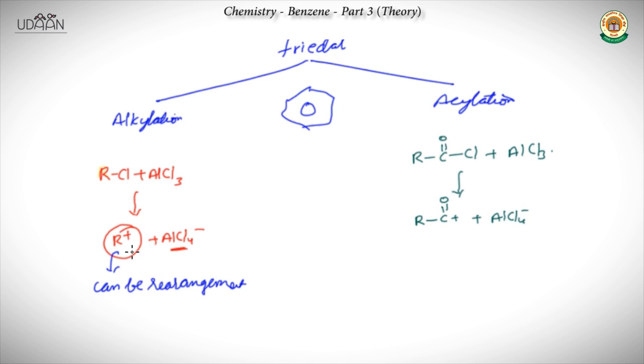Unlike R+, it cannot undergo rearrangement because the carbon atom here is more stable. As you can see, this positive charge is stabilized by the octet of oxygen. So here the electrophile is directly this one, with no rearrangement.